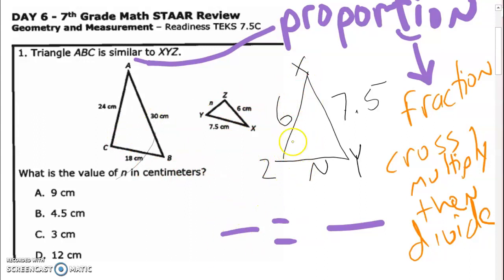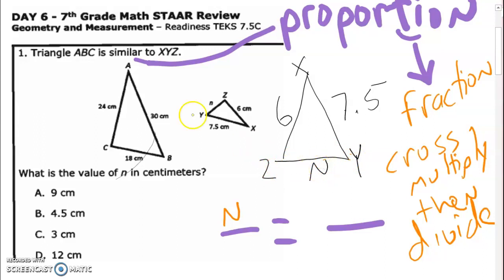So first, let's come up with one of the fractions, the one on this side. And usually I would start with the unknown. Well, the unknown is n, so I'm going to put n. Now you got to think there. This is ZY. What corresponds to this side over here on this triangle? This is ZY or YZ, however you want to say it.